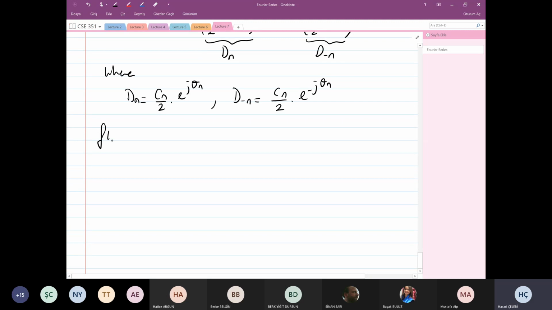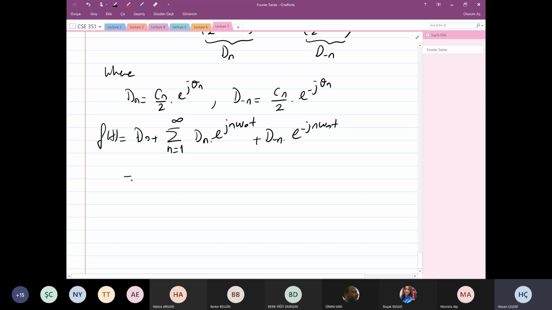Now we are ready to write down our exponential Fourier series equation, which is f of t is equal to d0 plus sum n from 1 to infinity dn times exponential jn omega 0 t plus d minus n exponential minus jn omega 0 t.